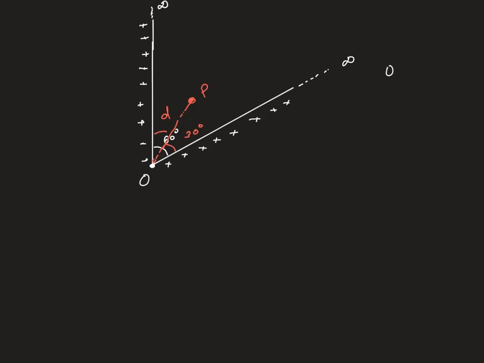The distance OP is equal to d, and the angle at O is equal to 60 degrees. So how do we find the field at point P? That is the question, and it's that simple.